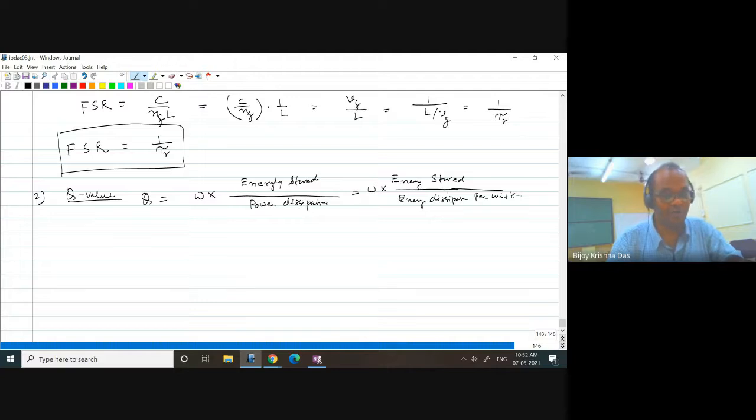I have to look into how much energy is being lost every time also. And we have just scaled with omega, angular frequency. It will be clearer a little bit later. Just consider Q equal to omega. I can write it like this, 2 pi by T. What is T?